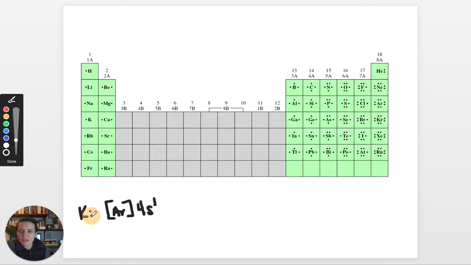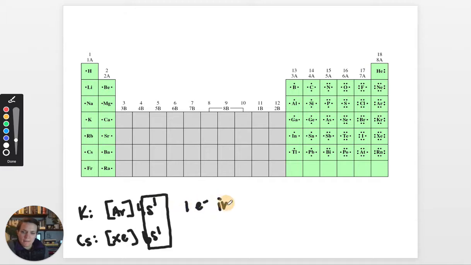If we wanted to do cesium, it would be xenon and 6s1. So notice they both have just one electron in their valence shell. And it's only the valence shell that's going to be involved in forming our bonds, right?